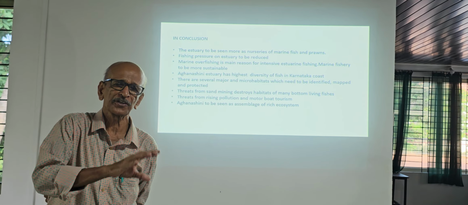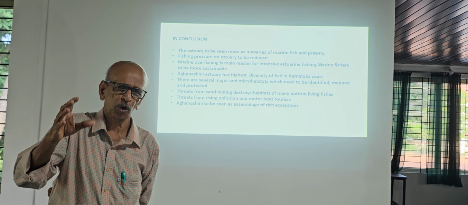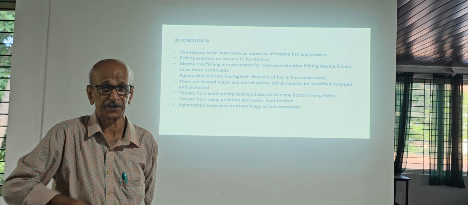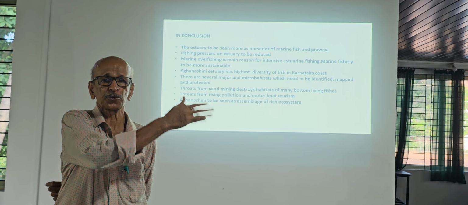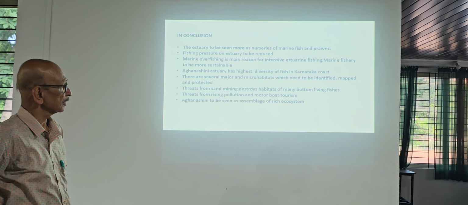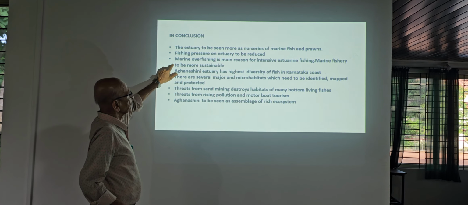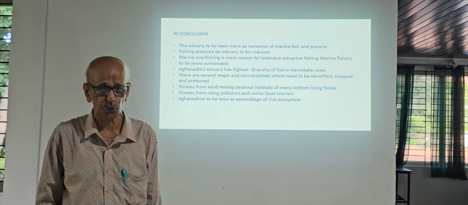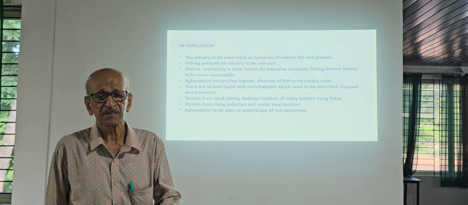So if there is exhaustive fishery exploitation in the estuary, then marine fishery will be seriously affected, because the breeding fish have to go to the marine area for egging.